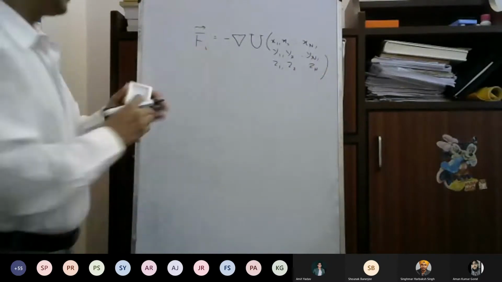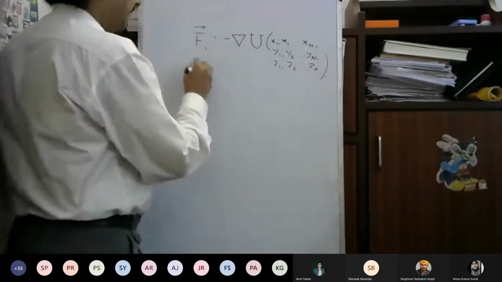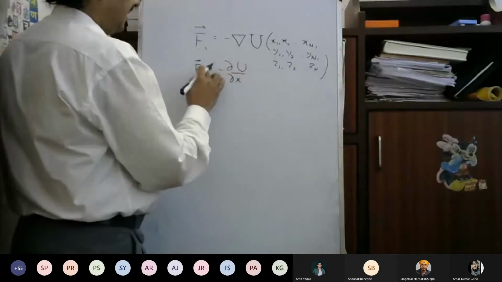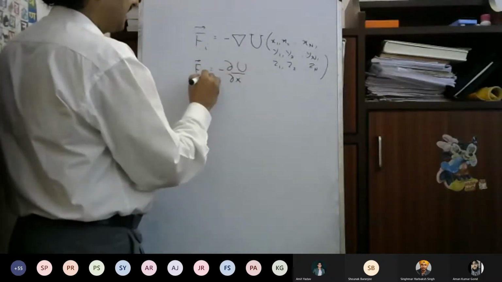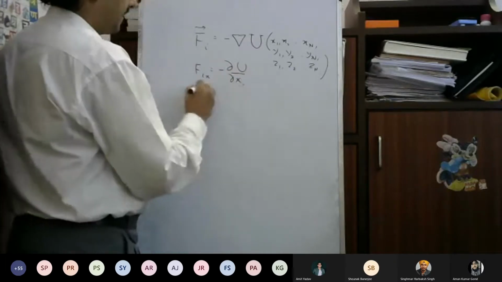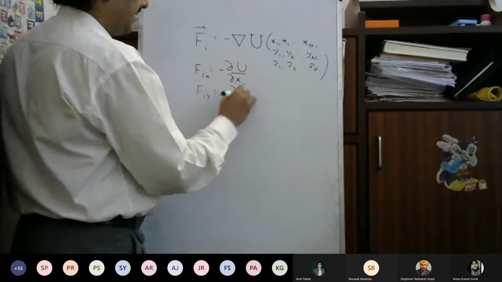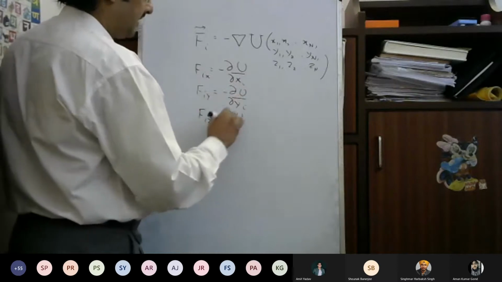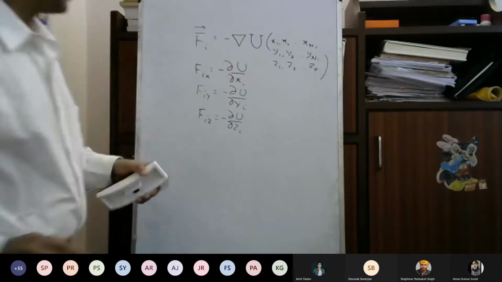So Fi has x component Fix equal to minus del U del xi, Fiy equal to minus del U del yi, and Fiz equal to minus del U del zi.